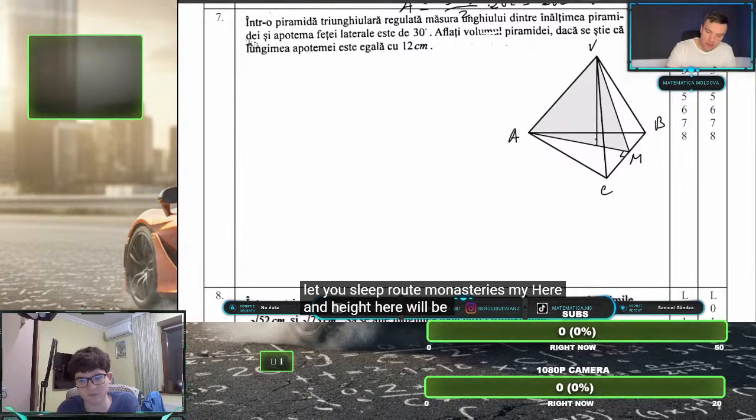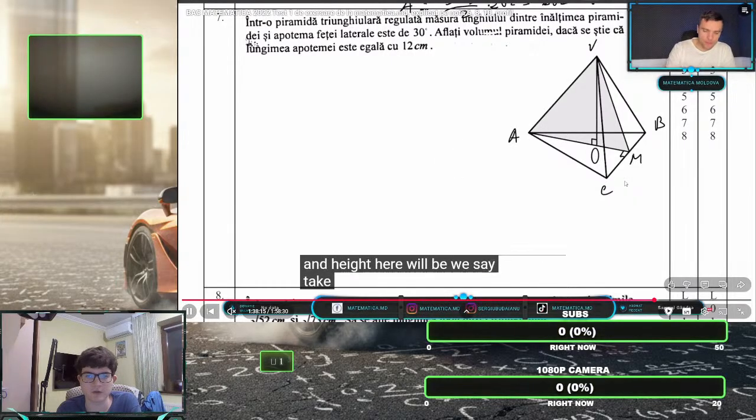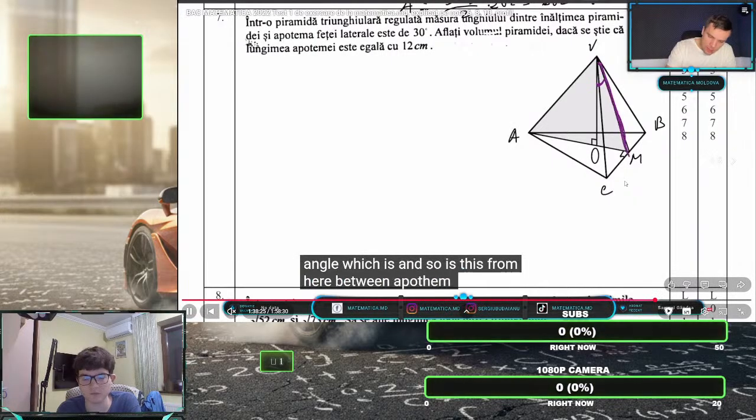So basically it's the triangle CVB. If we take the middle of the base as O, angle VOM, no, that's 90. Angle OMV, that's going to be 30 degrees. And find volume, knowing that VM is 12. It's the length VM, not virtual machine, just VM. That's how this pyramid is noted.